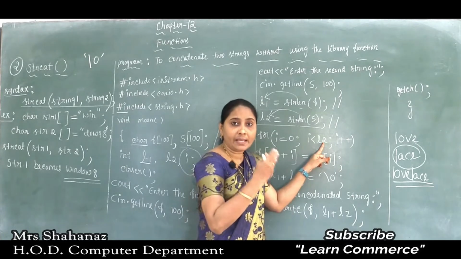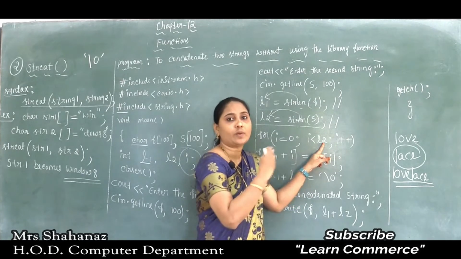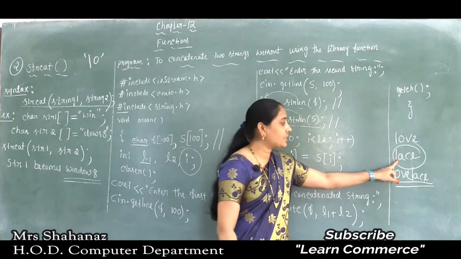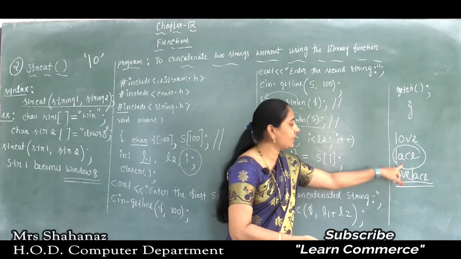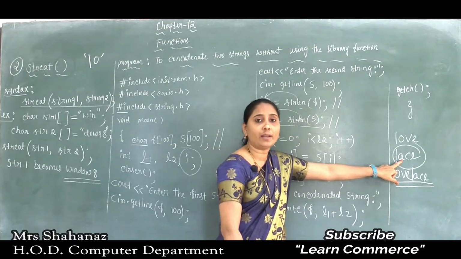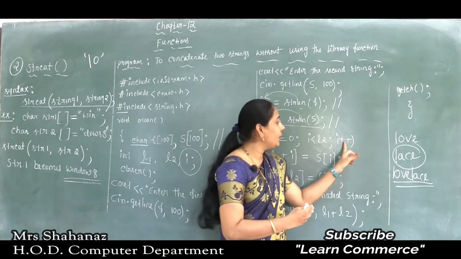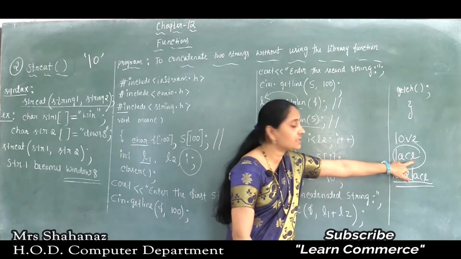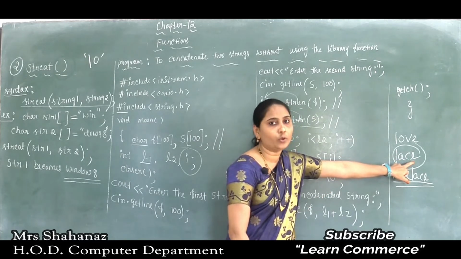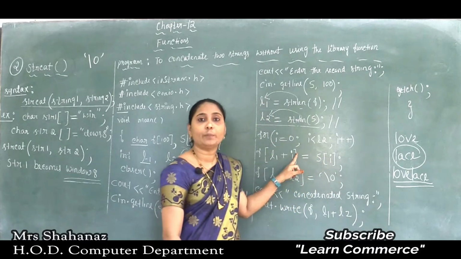That means if any character is there, it is going to access one after the another, correct? In the starting step L is accessed, later I plus plus, next time it is going to access the A value, then I plus plus accessing the C value, then the last value. After that there is no value, that means the condition becomes false.